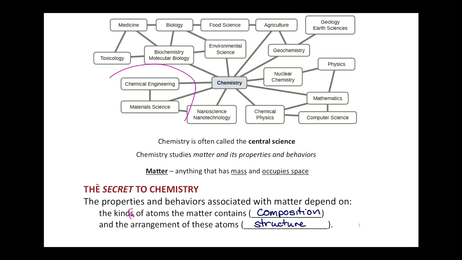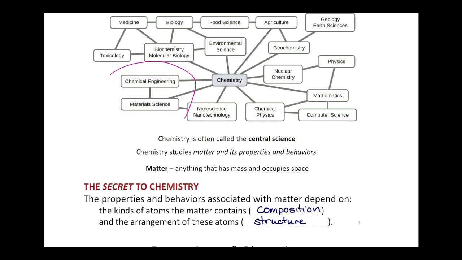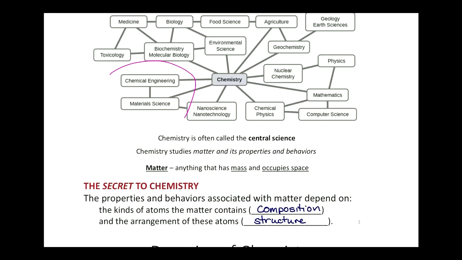One of the reasons I love chemistry is this whole idea, which I call my secret to chemistry, and I will emphasize this over and over, because I think it's what makes chemistry so interesting: the composition and the structure of the substance you're working with, on a particle level, dictates the chemical properties that we see.